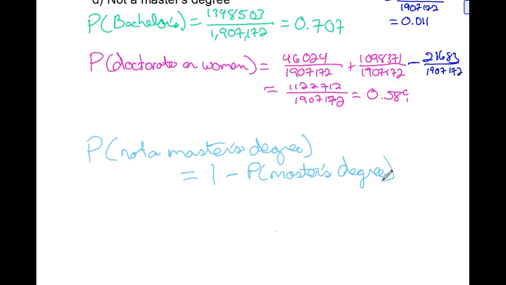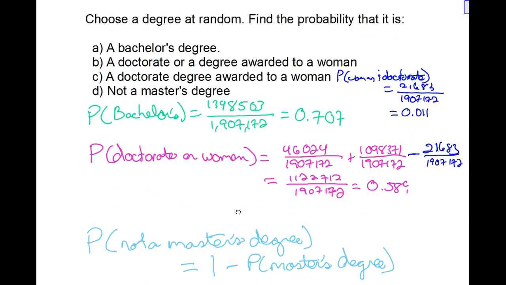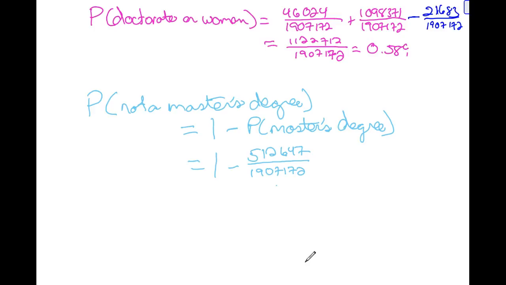And so if I take 1 minus the probability of it being a master's degree, which is going to be 512,647 out of my total, I can just go ahead and do that division.